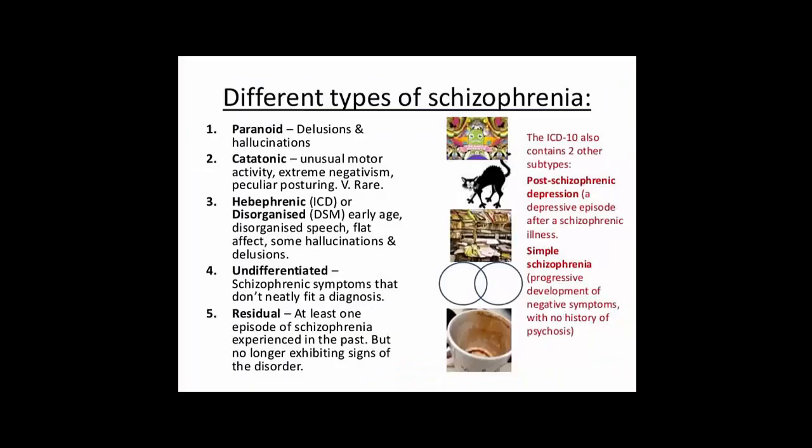There are different types of schizophrenia. Paranoid, catatonic. These terms, sometimes they don't last. You're not going to find these in DSM-5 anymore. Hebephrenic, which is in the ICD, or disorganized schizophrenia, which is in DSM-5. Undifferentiated schizophrenia, residual schizophrenia.